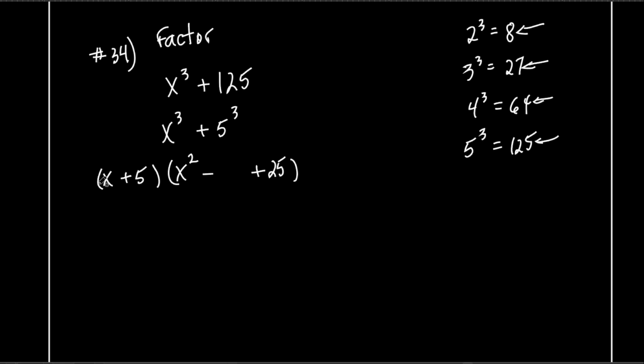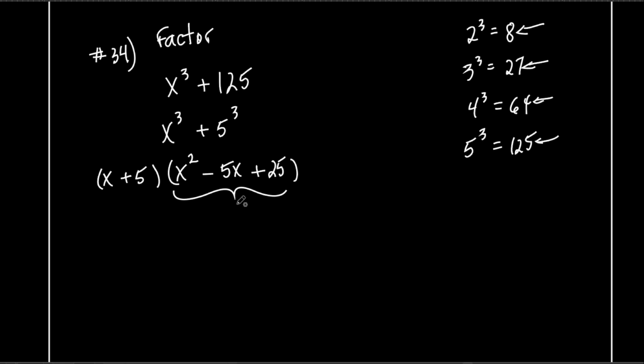Now, how do we find that middle one? What do we do with these two numbers? Multiply them together. Remember AB? So this is your A, this is your B. Just multiply them together. Are you going to put x5? You're going to put 5x, right? Always put the coefficient out in front. And that's it. You could look at this, because it looks like a trinomial, doesn't it? Does that factor any further?